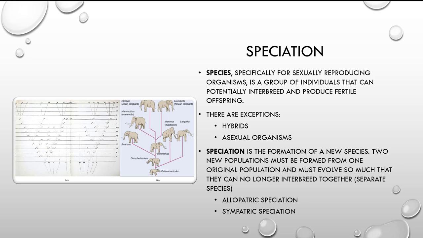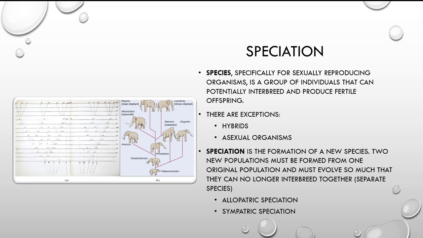That's where we get new species. They diverge from each other. We're not talking about converging into a hybrid. We're talking about one species diverging into two species. So that's what we're thinking about with speciation.